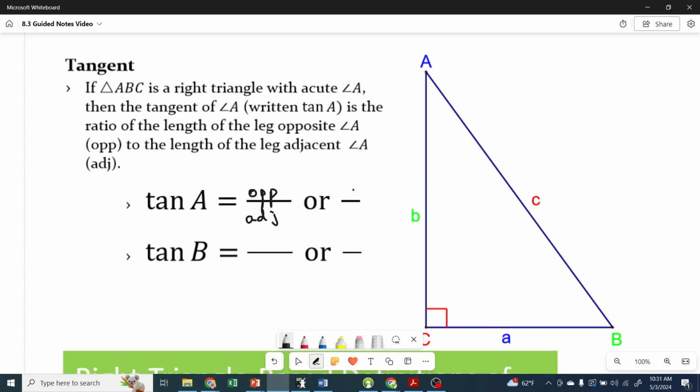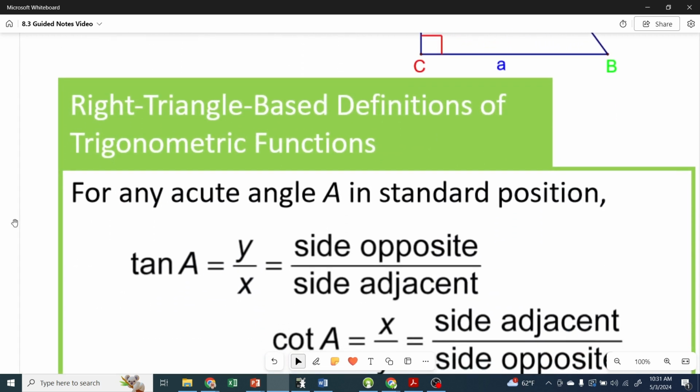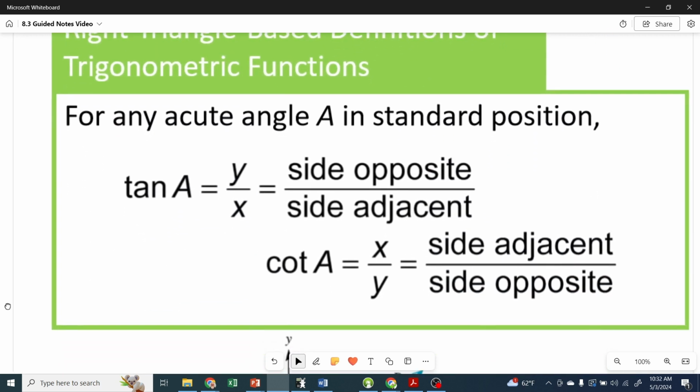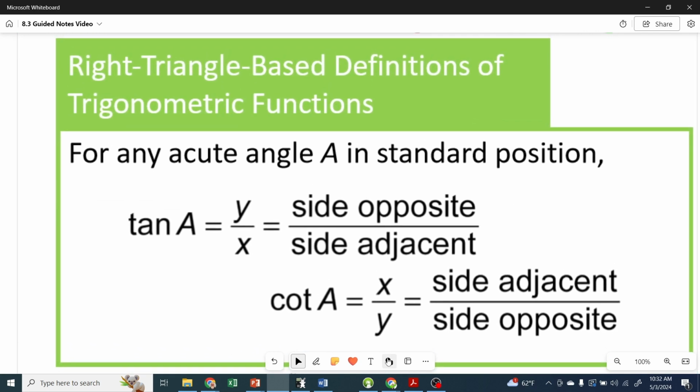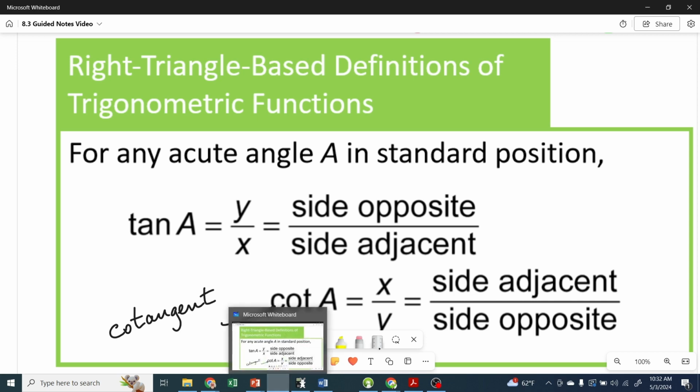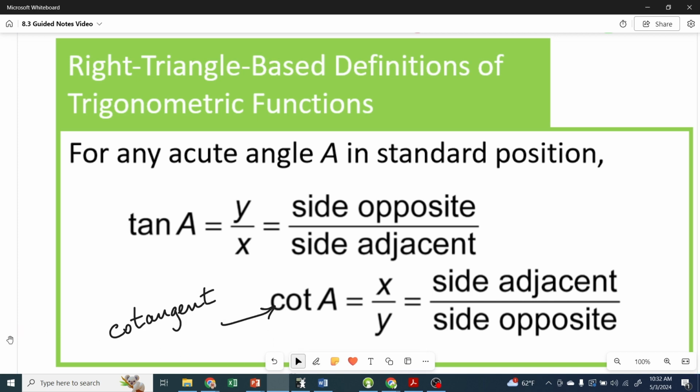In this case, that would be A over B. And opposite over adjacent for tangent of B would be B over A. Now, here is the additional trig function. This is the cotangent. Cotangent. It's just the reciprocal.